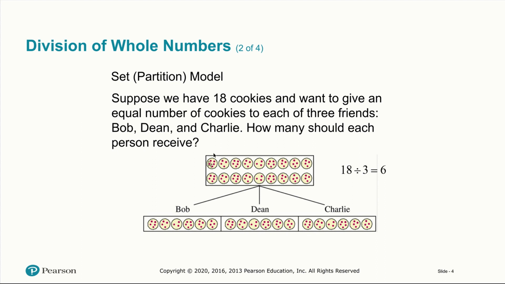Of course, we make a set with all 18 of the cookies in there, and we want to break it up into 3 equal parts, and we just need to see how we could possibly partition this into 3 parts, and we can see that that can be done easily in this manner, and that means each of them is going to get 6 cookies. A very basic approach which students can absorb very easily.